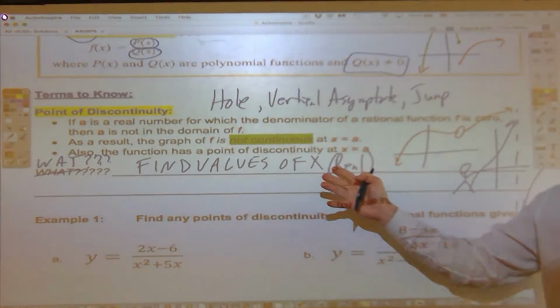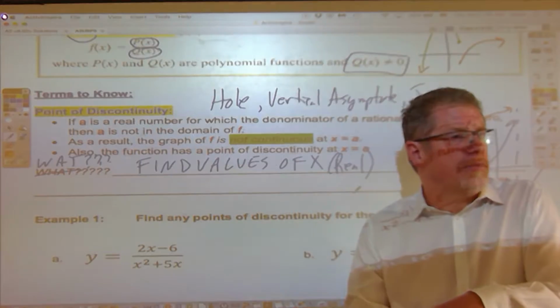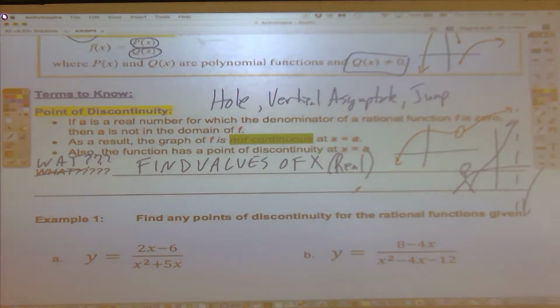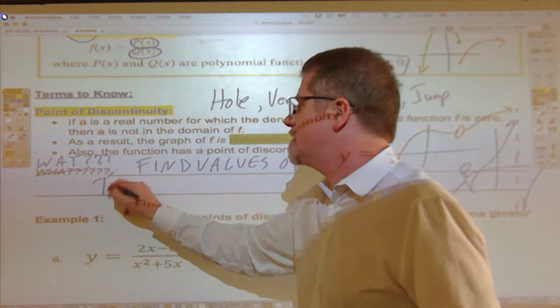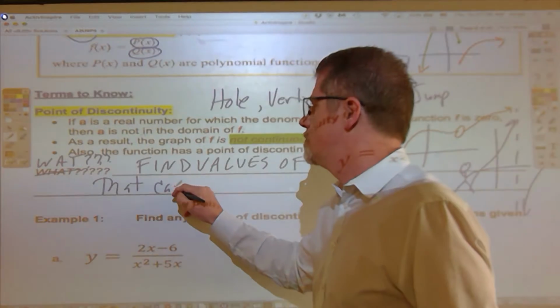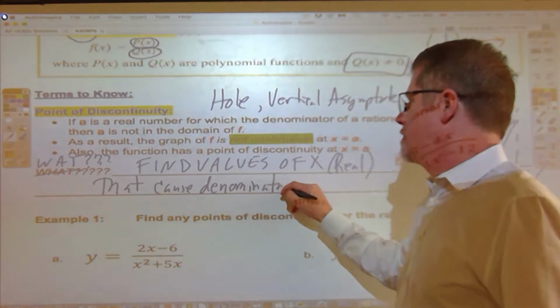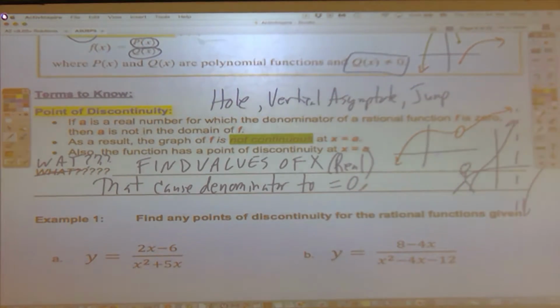If you find a value of x and it turns out that it has i in it, a non-real number, the square root of -1, then ignore those. That won't correspond to a discontinuity. Find values of x, they've got to be real values of x, that cause the denominator to equal 0. Then you have located the discontinuities.